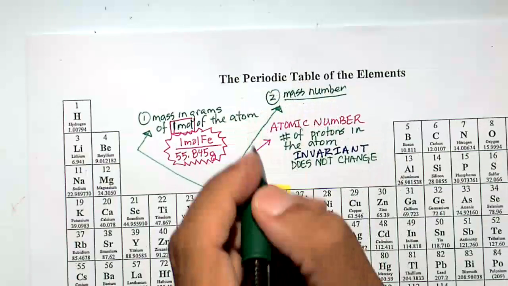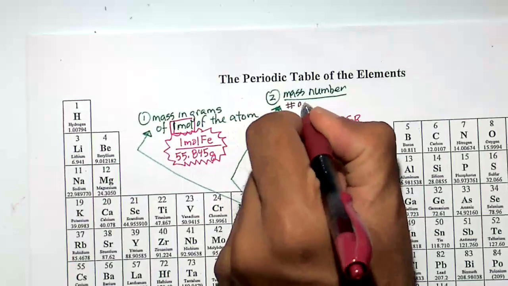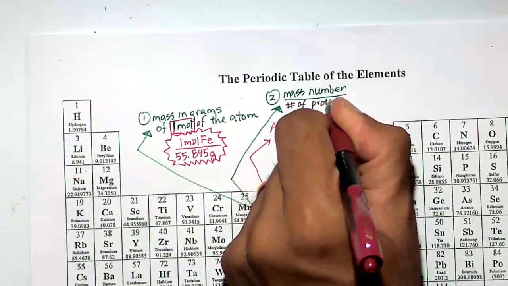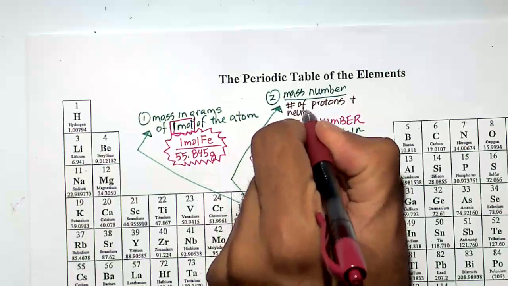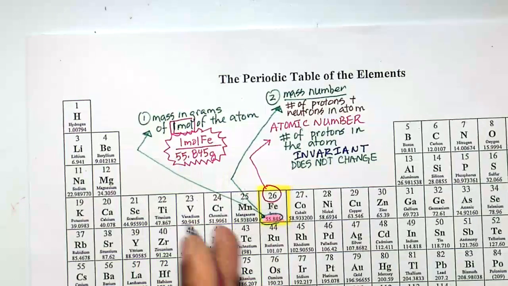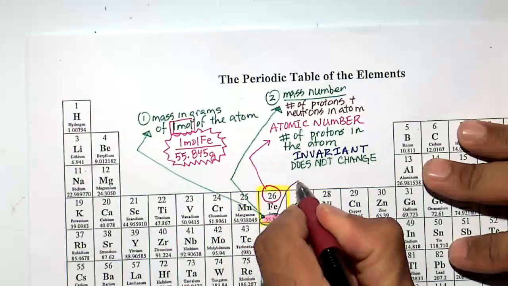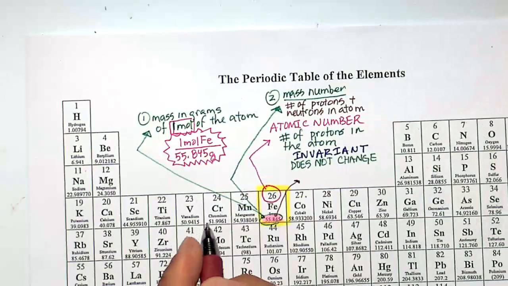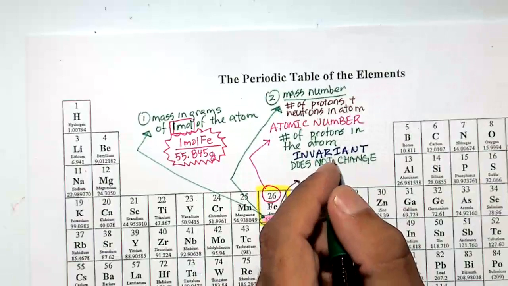This is the sum of protons and neutrons in the atom. So what's the sum of protons and neutrons in iron? 55.845.